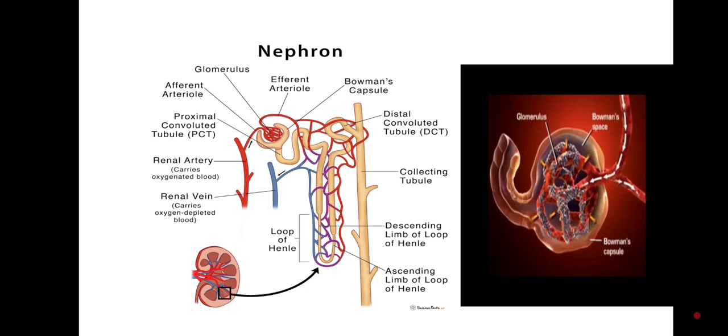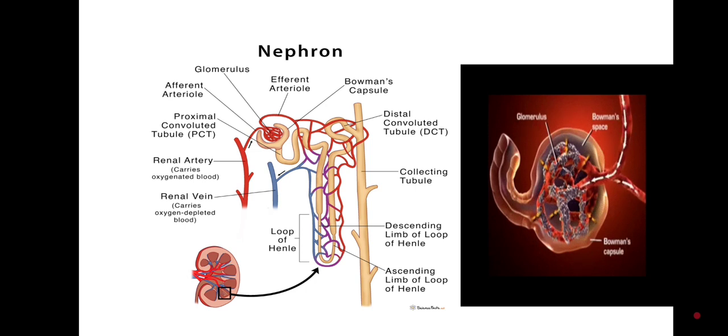According to the picture, the parts of the nephron are the glomerulus, situated inside the Bowman's capsule. The Bowman's capsule is connected to the proximal convoluted tubule, then the loop of Henle, after that the distal convoluted tubule, and the terminal part is the collecting duct.